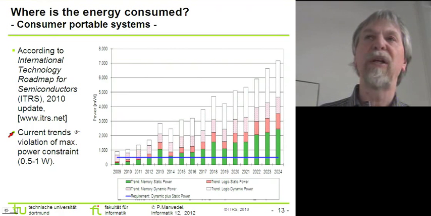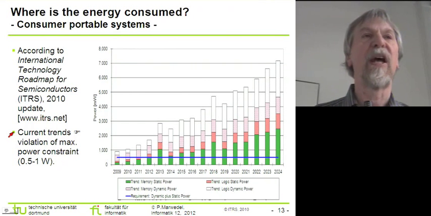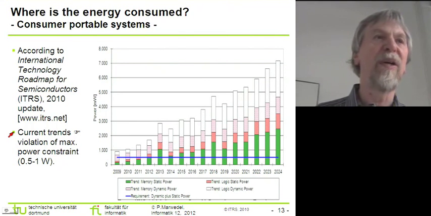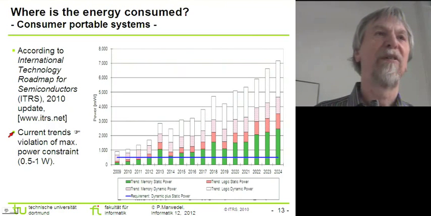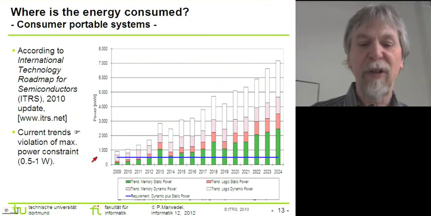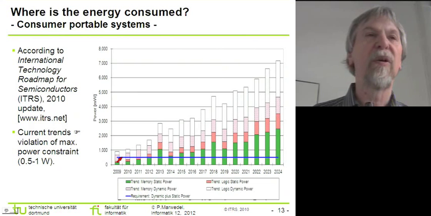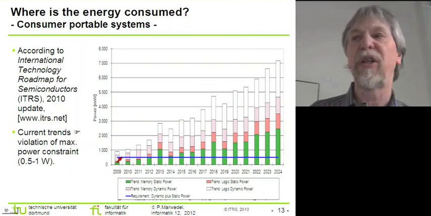One problem being the fact that we just have a too short battery lifetime, and the other problem is that this device would get too hot, so that we would burn our fingers when we use a mobile phone. So therefore, we should stay below this blue line over here.